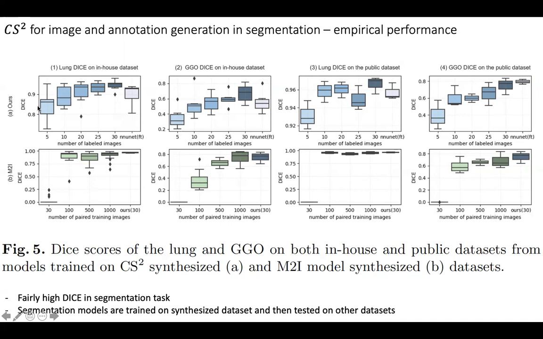For example, if you look at figure A on column 1, you can see that for their data set, we need a very small number of synthesized images and the corresponding segmentation masks to train the model. And the trained model can then achieve pretty high segmentation performance on other data sets. For example, here it achieves more than 0.9 dice score coefficient.